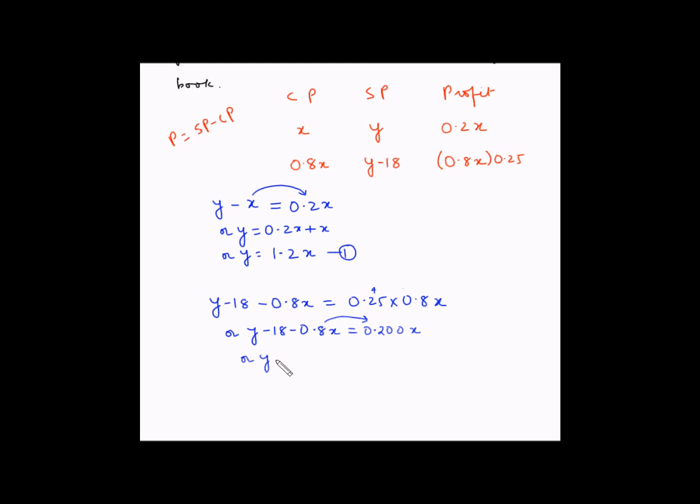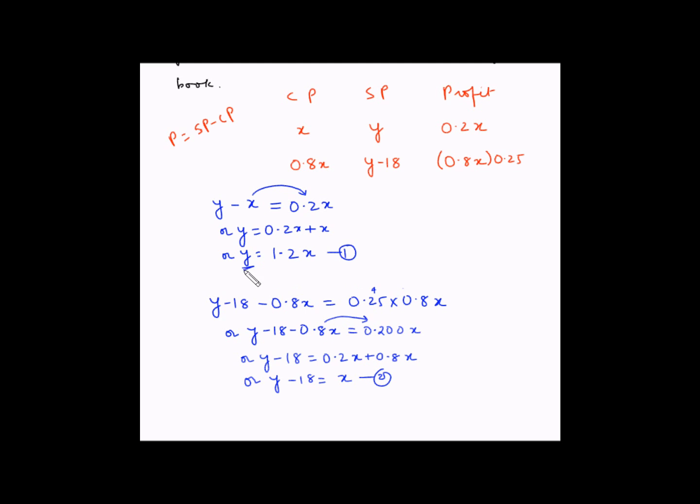So Y minus 18 is equal to 0.2X plus 0.8X, or Y minus 18 is equal to, so 0.8 plus 0.2 is 1, so 1 times X, which is X. So this is our second equation.